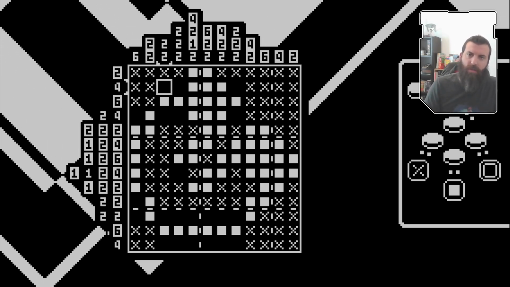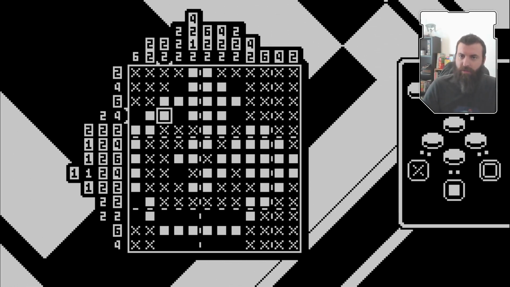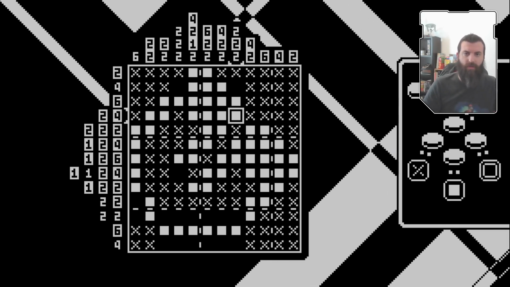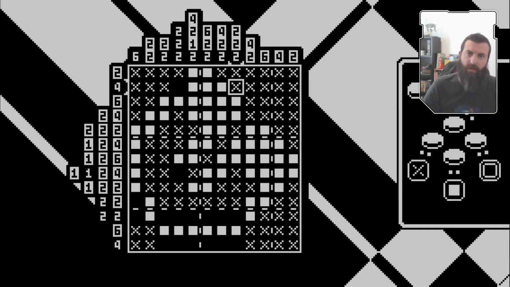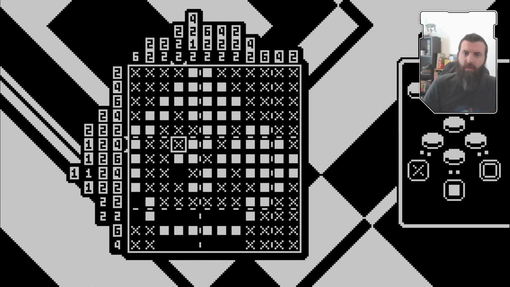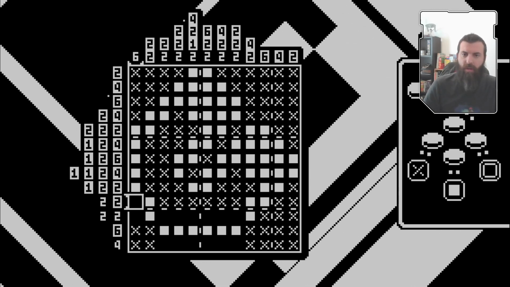Our horizontal 4 couldn't reach to here, which gives us the top edge for the vertical 2. Our horizontal over here, only one pixel for our horizontal 4, which completes our vertical 2. Only one pixel for our horizontal 4. Also only one pixel for this vertical 2 over here.